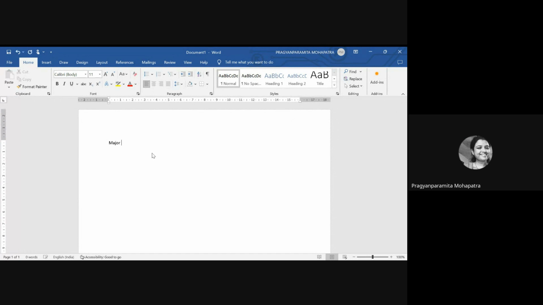So major term is letter P, minor term is S, middle term is M. The first figure: in the first figure, what will be the position of the middle term?